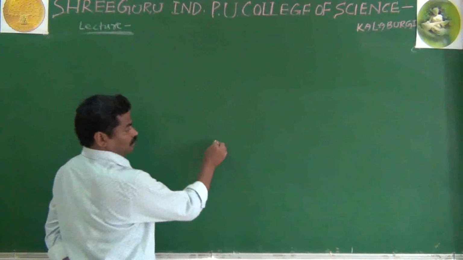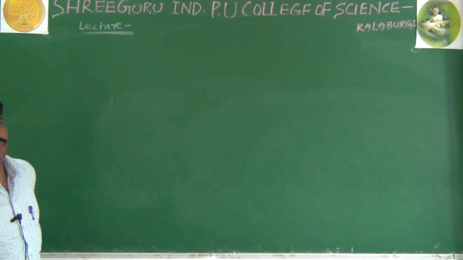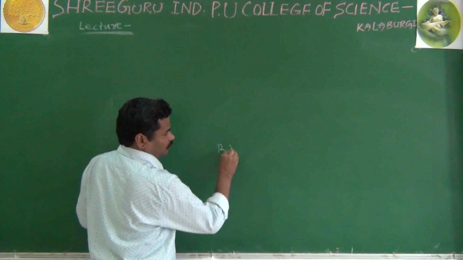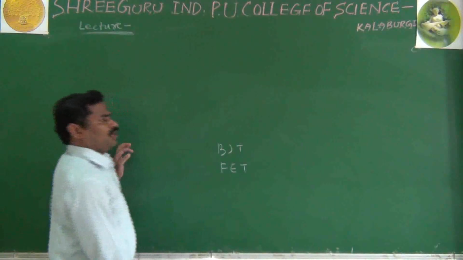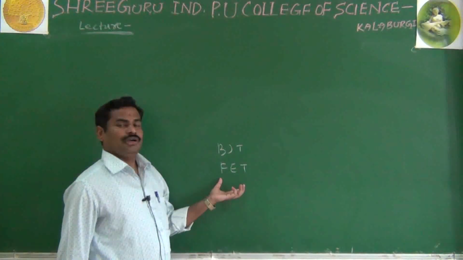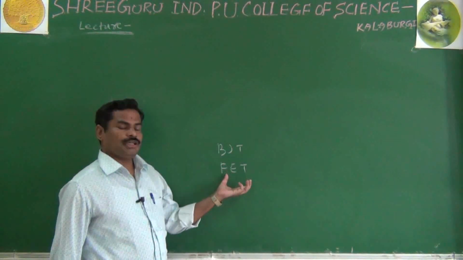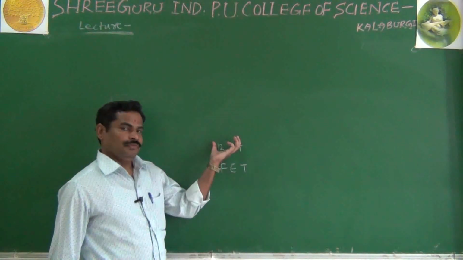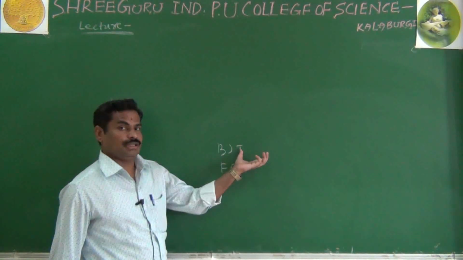In the broad sense, we can classify transistors into two types: one is called your BJT and another is called your FET. In a FET, it is called a unipolar device because the current is due to only majority carriers. But in a BJT, the current is due to both majority carriers as well as minority carriers.